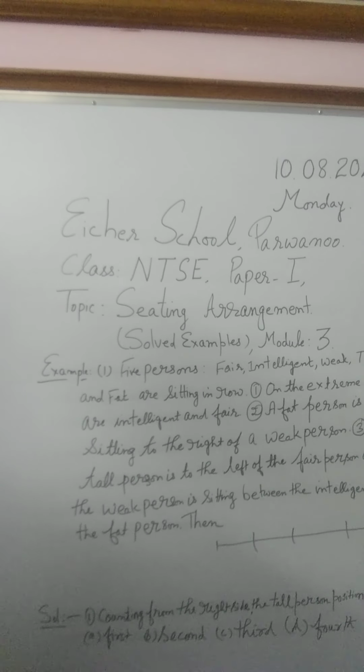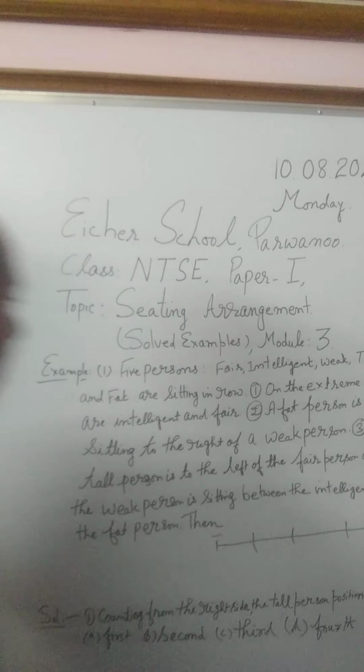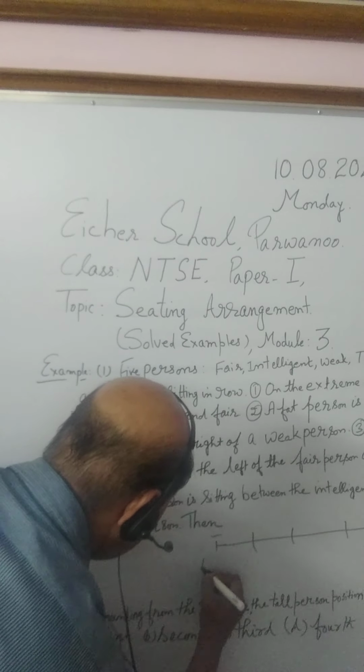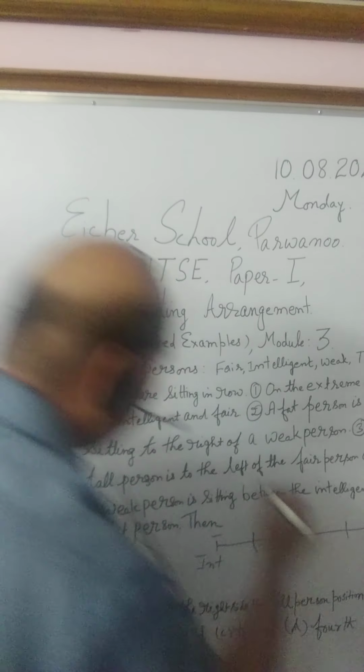On the extreme ends are intelligent and fair, means on this side and this side. These are the two sides, and here 2 persons are sitting. One is intelligent, I mark it with INT, and another is fair.